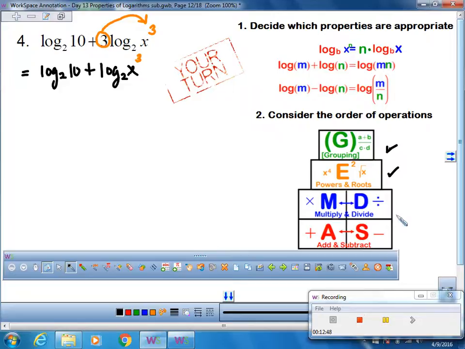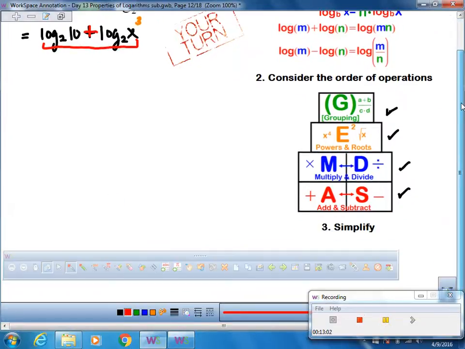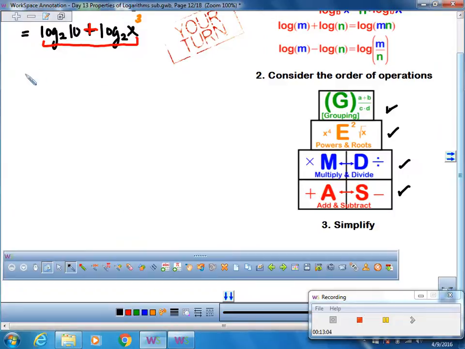Okay, so no multiplication and division, so now we just need to go to addition and subtraction. I'm going to use my product property. It's got an addition sign, so we're going to turn it into one single logarithm with a multiplication sign.